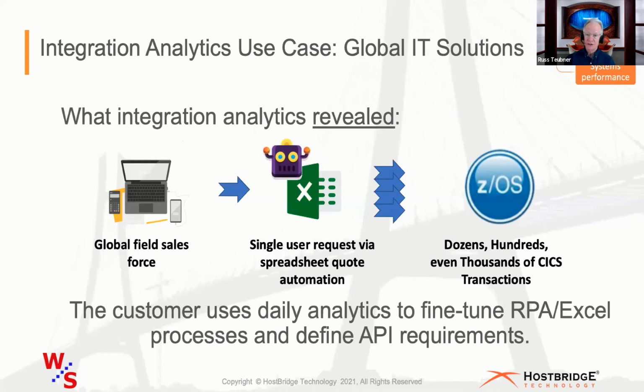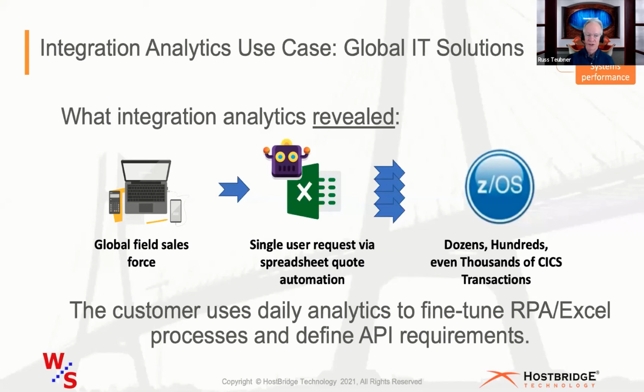This is a use case of a global IT logistics company. In fact, I bet there's probably about, whatever technology you're using today to watch this, there's probably about a 40 to 50% chance that technology flowed through one of their warehouses somewhere around the world. But IBM System Z is mission critical as part of their application infrastructure.